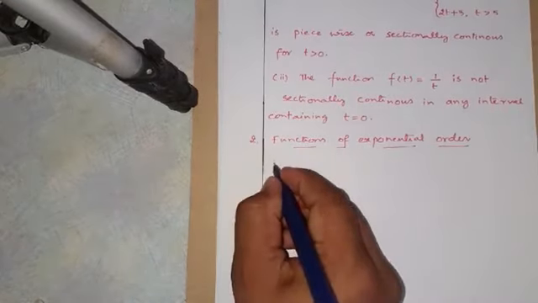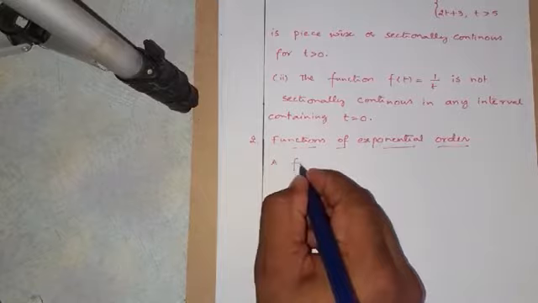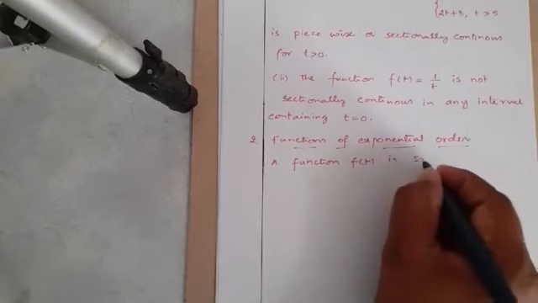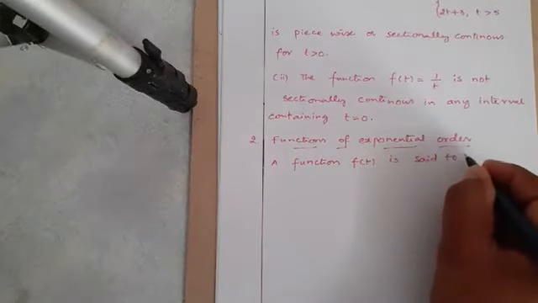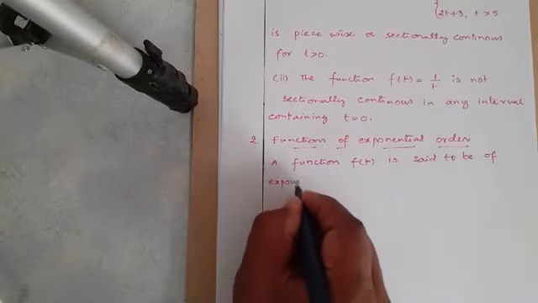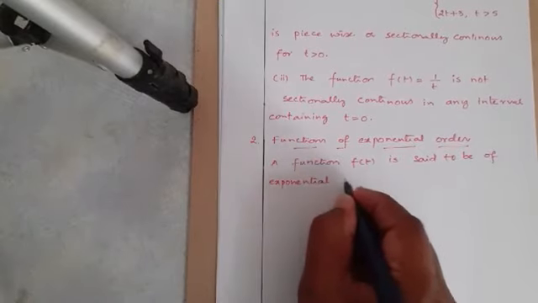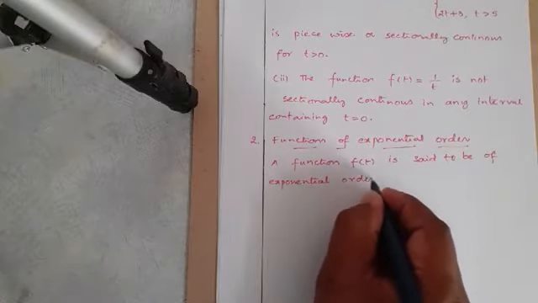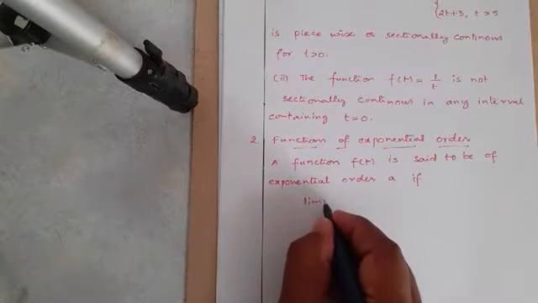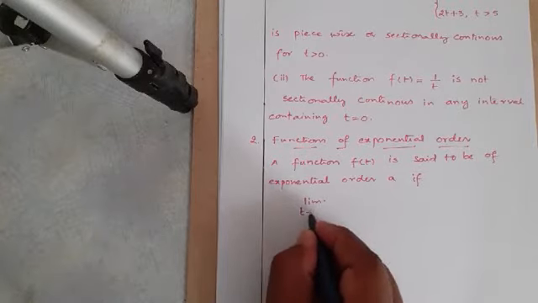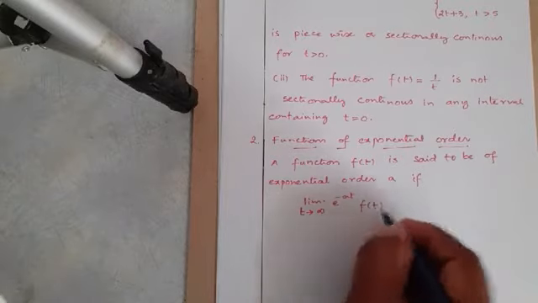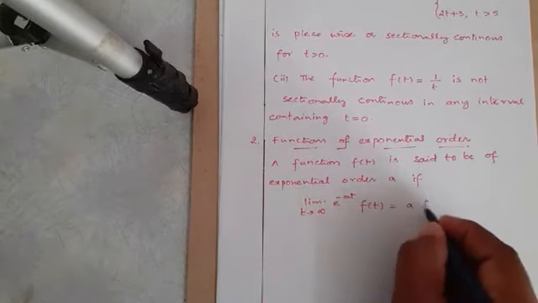The function f of t is said to be of exponential order a if the limit as t tends to infinity of e power minus a t times f of t gives a finite quantity.